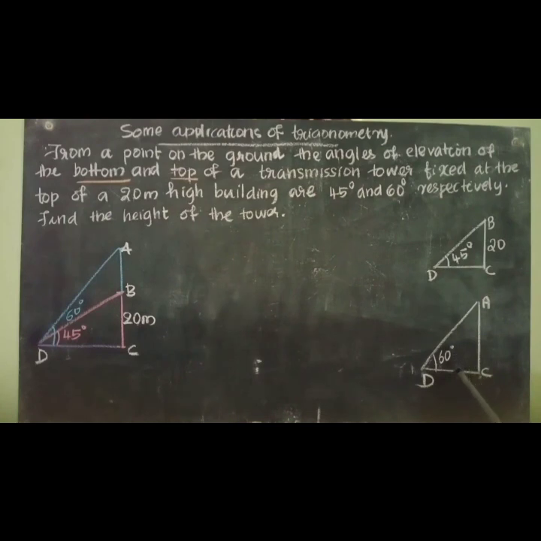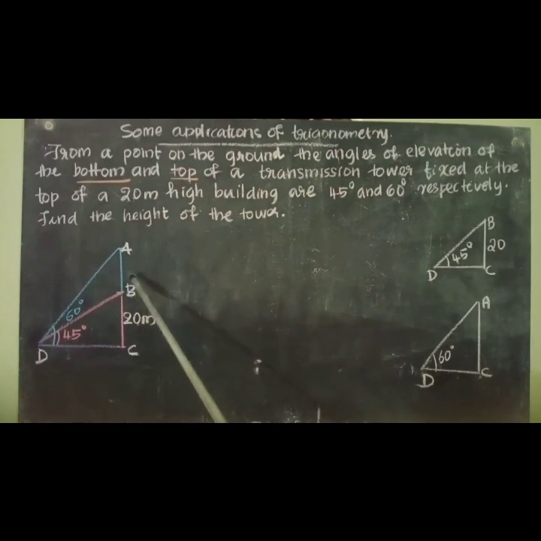Second right triangle is triangle ACD with acute angle 60 degree. Question is to find the height of the tower. Which is the height of the tower? It is AB. So we need to find the value of AB.